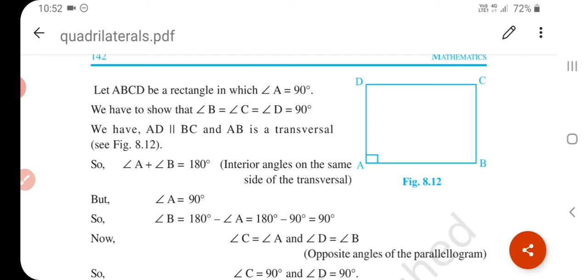Okay, the diagonals bisect the angles of a square. Okay, understand? So the diagonals are perpendicular also, and the diagonals bisect the right angles of the square. Okay, so these are the main properties of a parallelogram, and we learn these properties in this chapter.